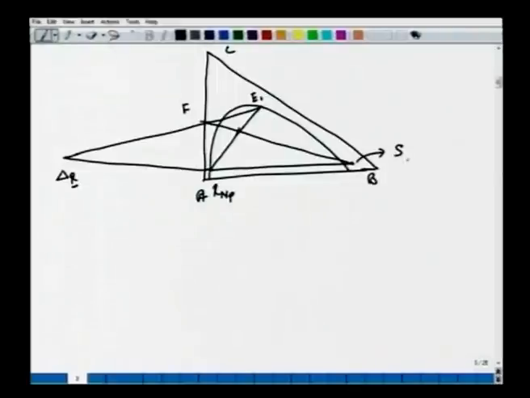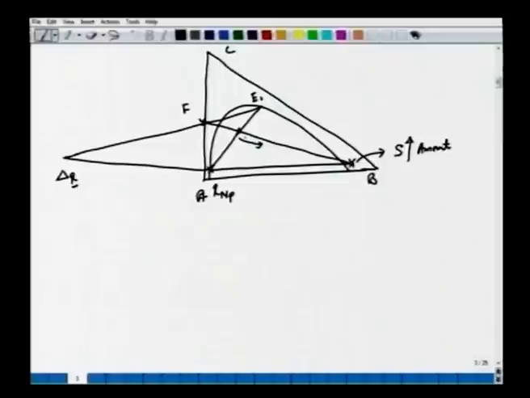Now if we increase the amount of solvent, notice that this point is fixed, this point is fixed, this coordinate is fixed. All we are doing is increasing the amount of solvent. If we increase the amount of solvent, you can make out that this mixing point will move towards this.